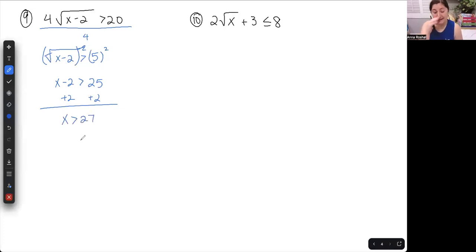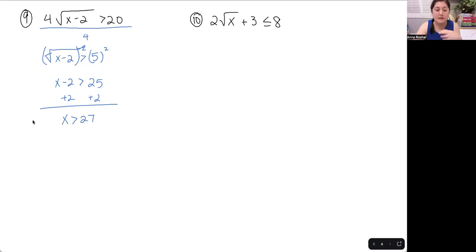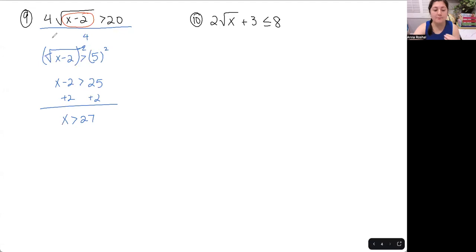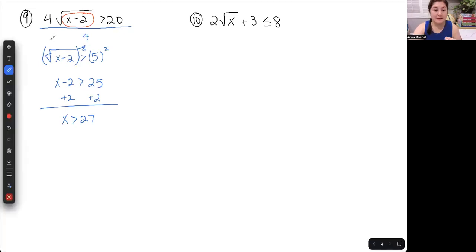Now, before I say that this is my final answer, I have to do another check, right? That's what I was talking about in problem 8. When I look at this, I say, yes, this is absolutely 100% correct. Anything that's greater than 27 is going to be an answer to this problem. But I also want to make sure that this is not a negative number, because if it is a negative number, then my answer will be imaginary.